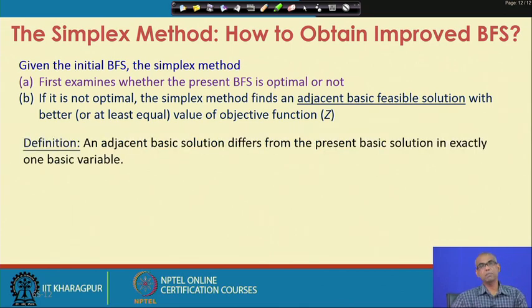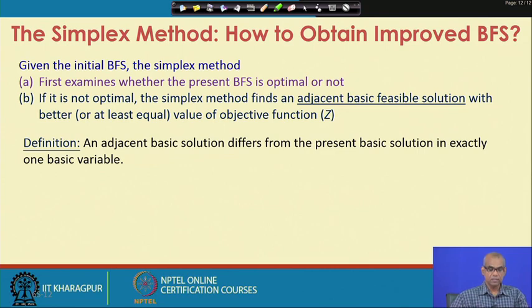So, what is an adjacent basic feasible solution? An adjacent basic feasible solution differs from the present basic solution in exactly one basic variable. So, a basic variable will be removed from the basis and a non-basic variable will enter the basis, so that the new adjacent basic solution differs from the current basic solution in exactly one basic variable.